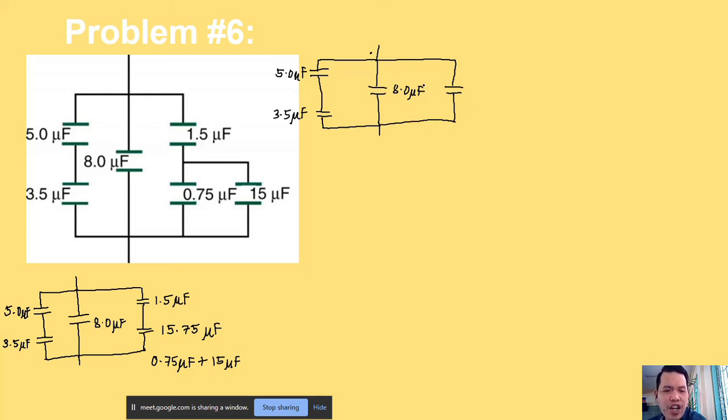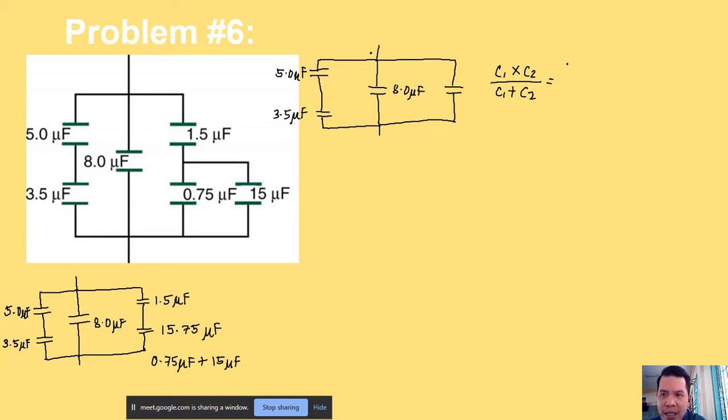Ayan po. So, they are connected in series. So, if they're connected in series, then all we have to do is to use the formula C sub 1 times C sub 2 over C sub 1 plus C sub 2.